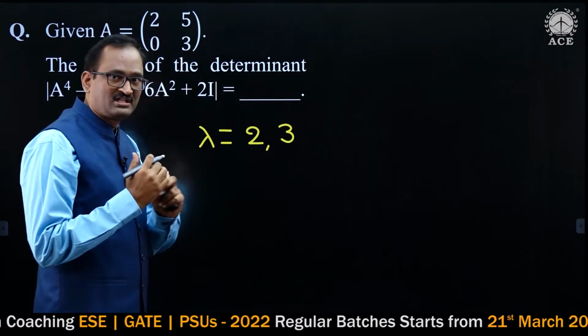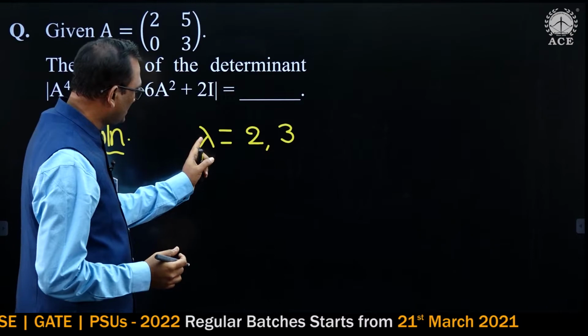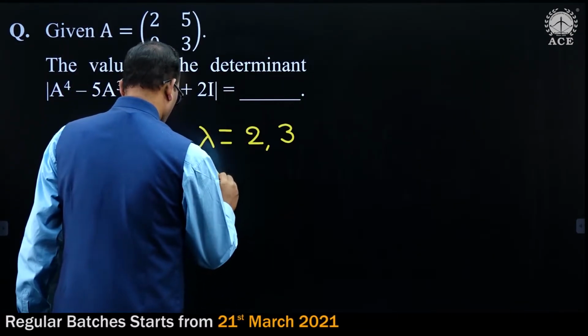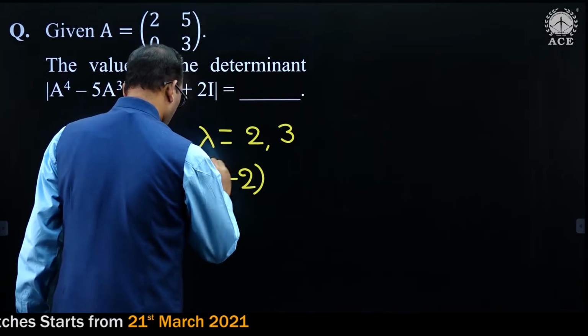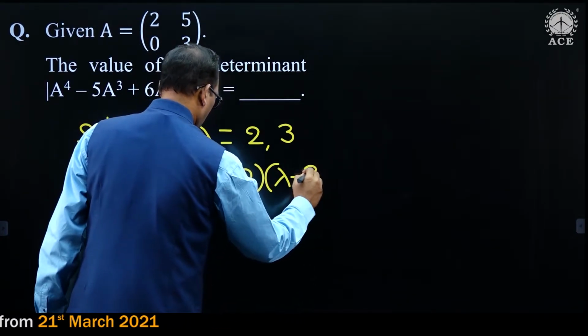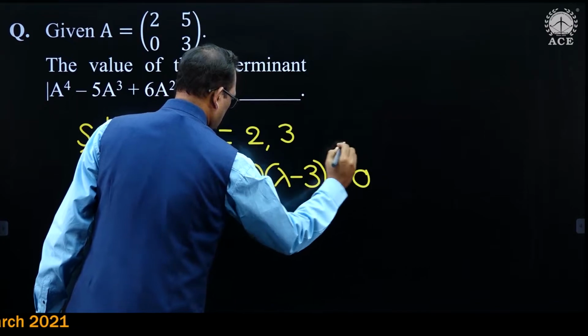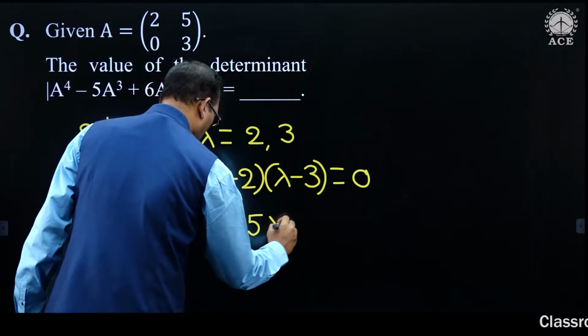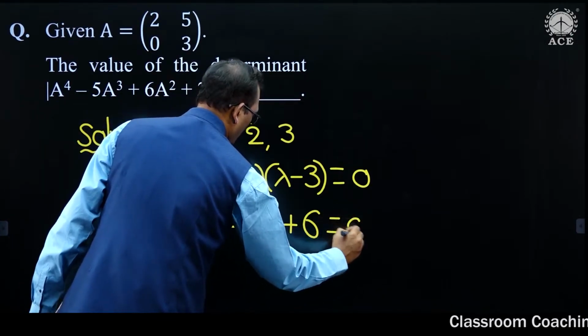So, I want to write the characteristic equation. Characteristic equation is lambda minus 2 into lambda minus 3 is equal to 0, that is lambda square minus 5 lambda plus 6 is equal to 0.